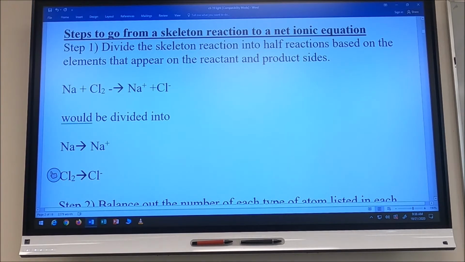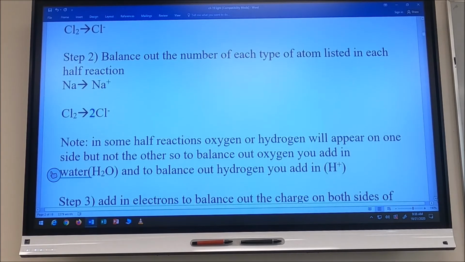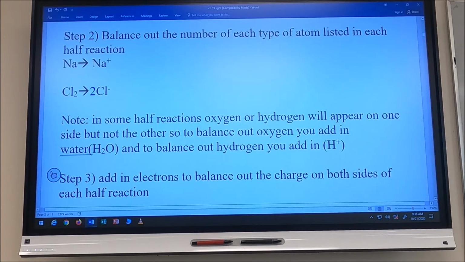Next, we want to balance the number of each type of atom listed in each half reaction. So sodium going to sodium 1+, there's one sodium on both sides, two chlorines in the chlorine molecule, so I have to have two chloride ions on the opposite side.